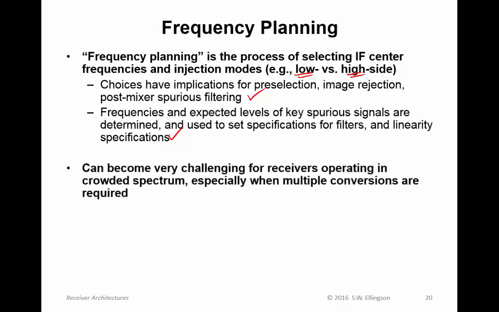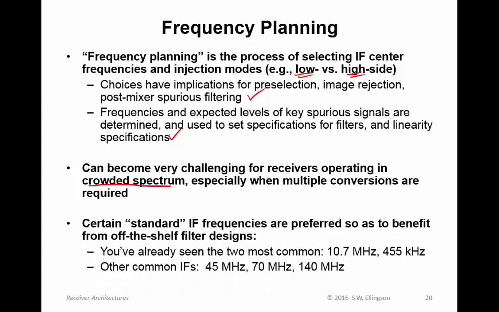Frequency planning can become very challenging for receivers operating in crowded spectrum, which these days is most of the spectrum, especially when multiple conversions are required. So frequency planning for multiple conversion superhet receivers can become very complicated. Certain standard IF frequencies are preferred so as to benefit from off-the-shelf filter designs.